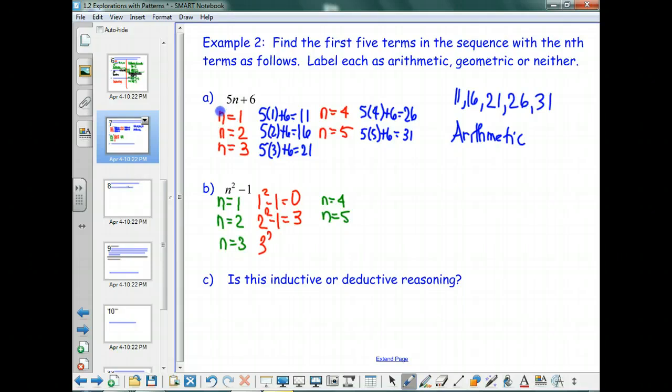N equals 3, 3 squared minus 1, 8. N equals 4, I have 4 squared minus 1, 15. And n equals 5, I have 5 squared minus 1, 24. All right, so let me write my sequence out like I did just a moment ago. I have 0, 3, 8, 15, and 24.